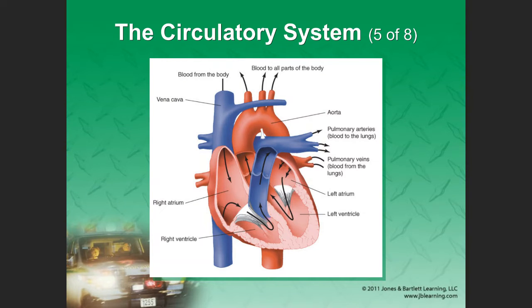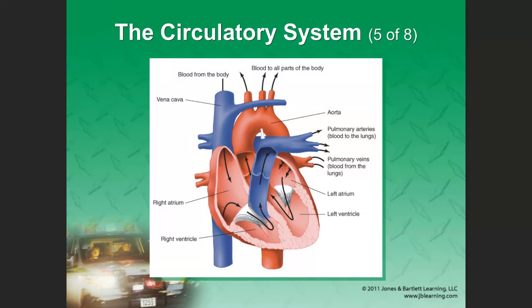The left atrium then contracts and pushes the oxygenated blood through the valves into the left ventricle, which is the largest chamber of the heart. The left ventricle then contracts and pumps that blood through a valve into the aorta, which is the largest artery in the body. The smallest would be arterioles.